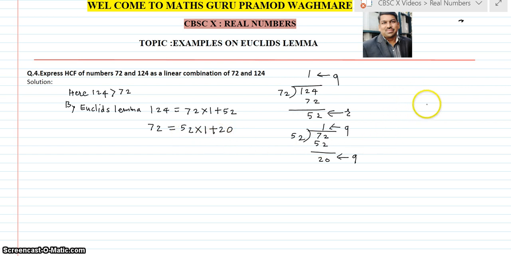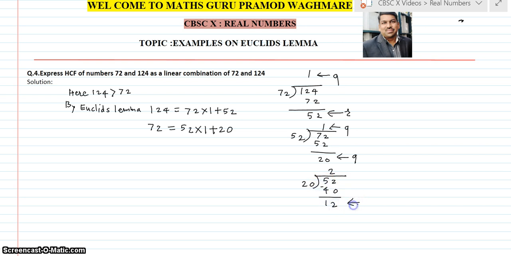So let us divide 52 by 20 and find Q and R. 20 3s are 60, it is bigger, so 20 2s are 40. So 12 is remaining.